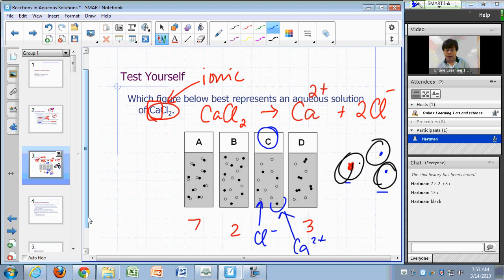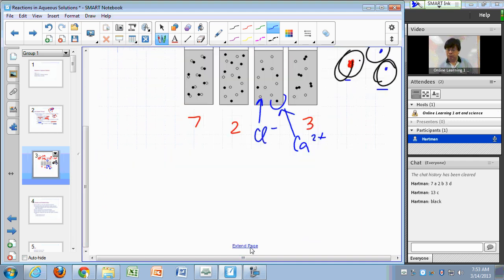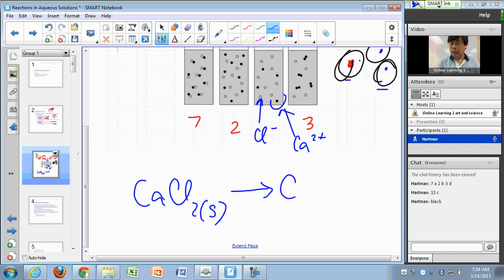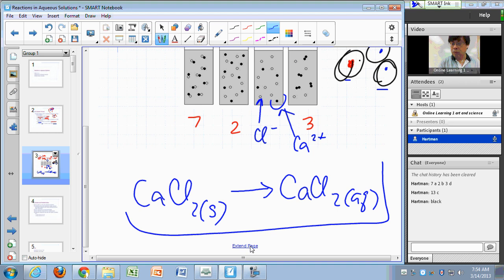So we can represent this process by saying, okay, if I were to put calcium chloride solid in water, so CaCl2(s), I can draw an arrow and say it would be in aqueous solution. This is what we would call a molecular equation. It's a representation of the dissolution process. It's called a molecular equation because you're writing CaCl2 as though it's made up of molecules. It's not.